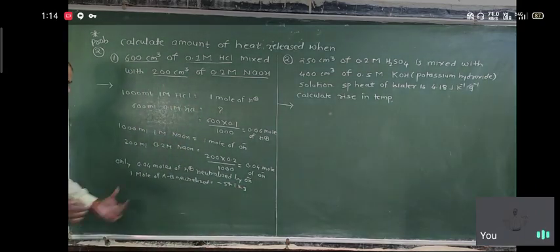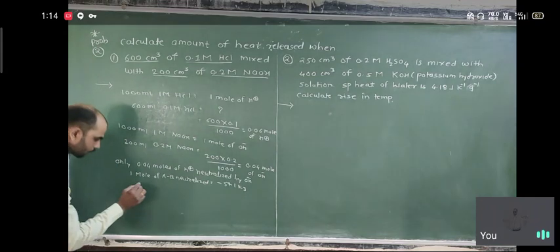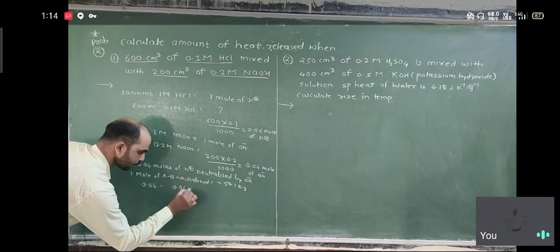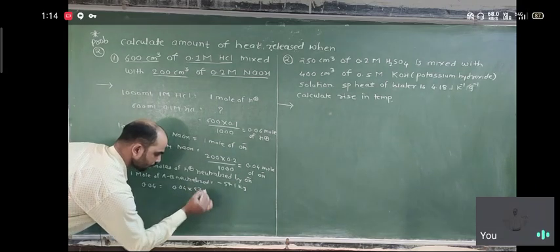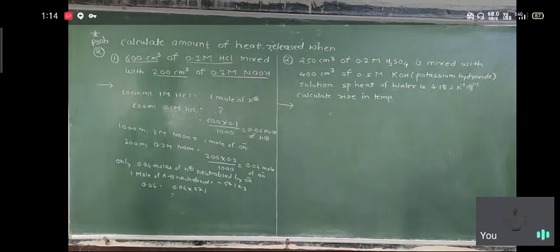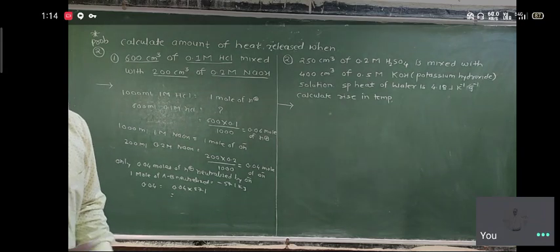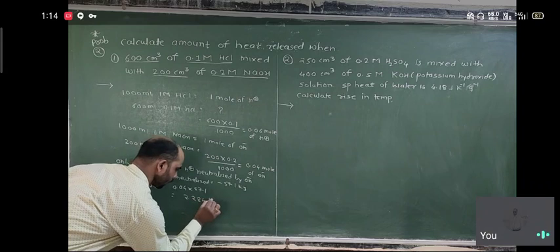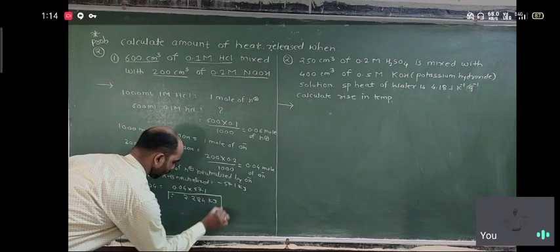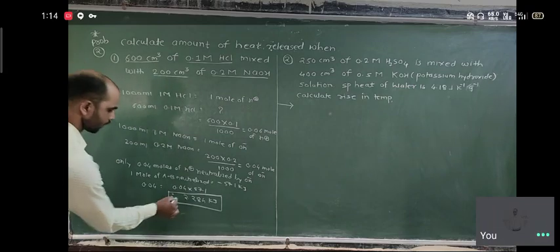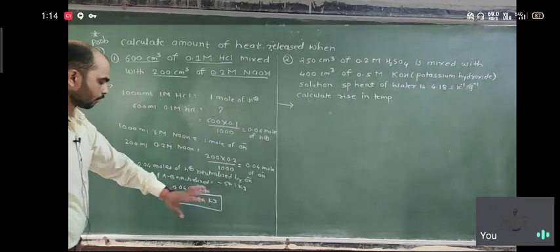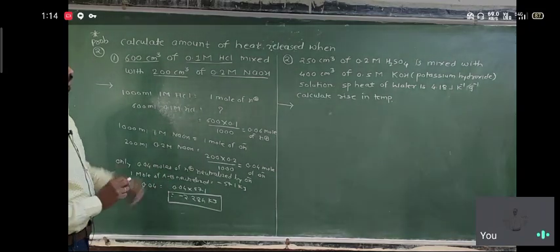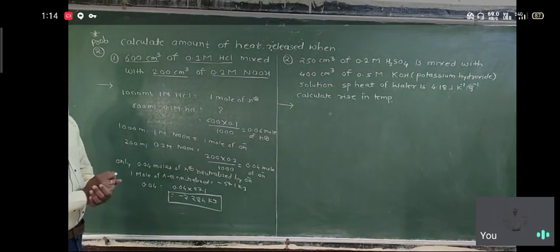Here the number of moles is only 0.04, so 0.04 into 57.1, and the answer will be 2.284 kilojoule. The 2.284 kilojoule is the energy which is released when these are mixed together.